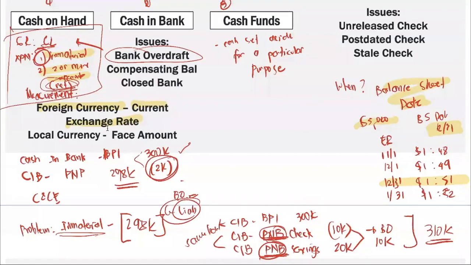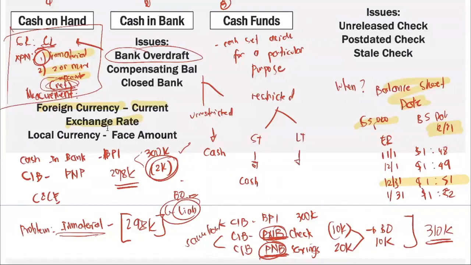So how do we treat your compensating balance? If your compensating balance is unrestricted, it is considered cash. If it is restricted and for short term, it is considered cash. If it's for long term, it is considered non-current.